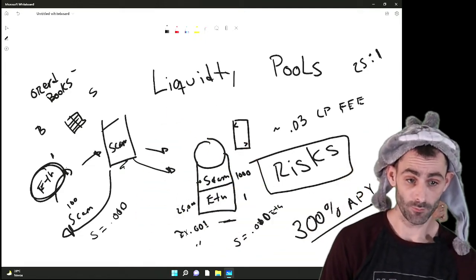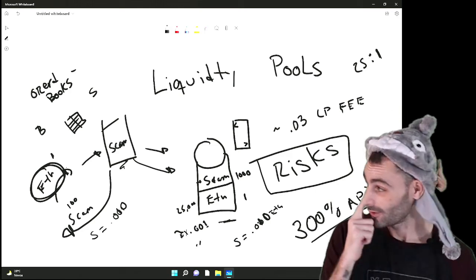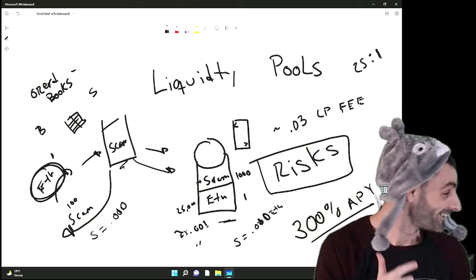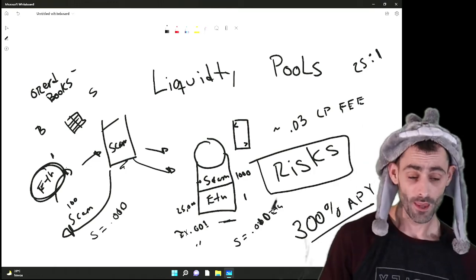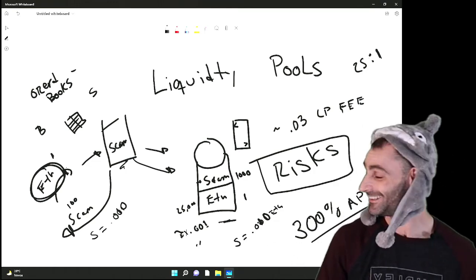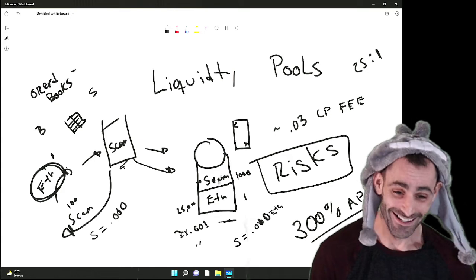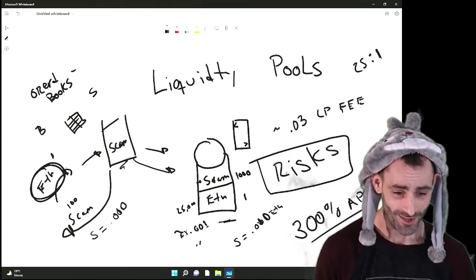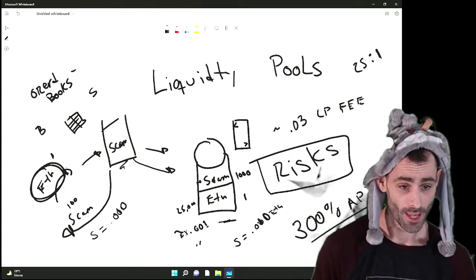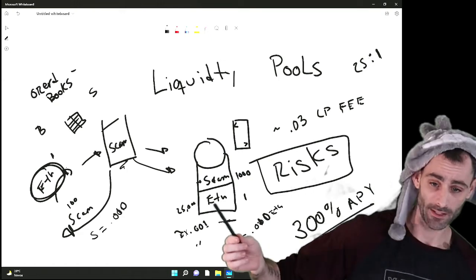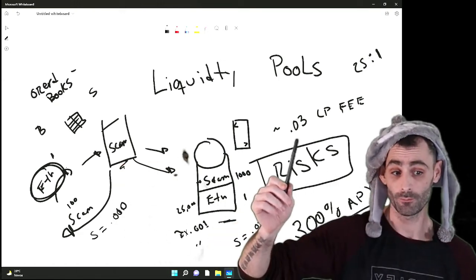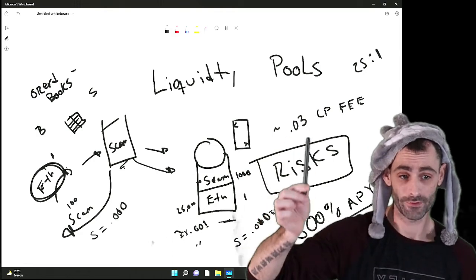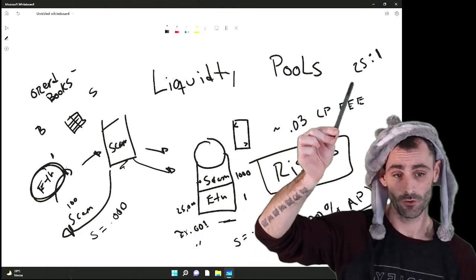When these liquidity pool providers are coming in and buying and giving Ethereum to get this scam coin, they're pushing the price of scam coin up. Scam coin's going up. Scam coin's going up.